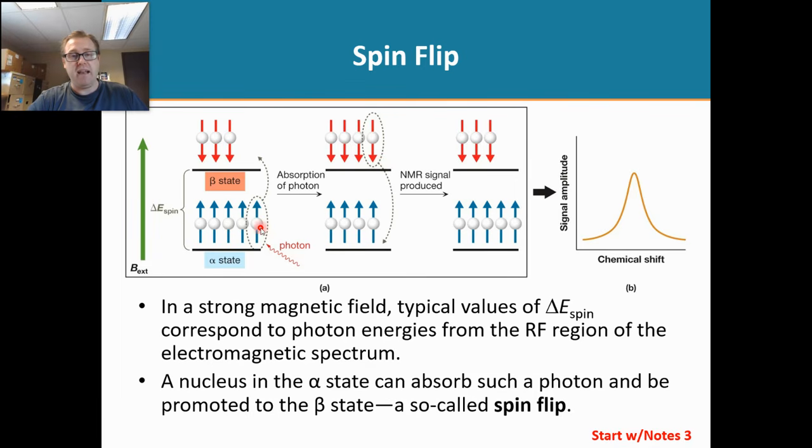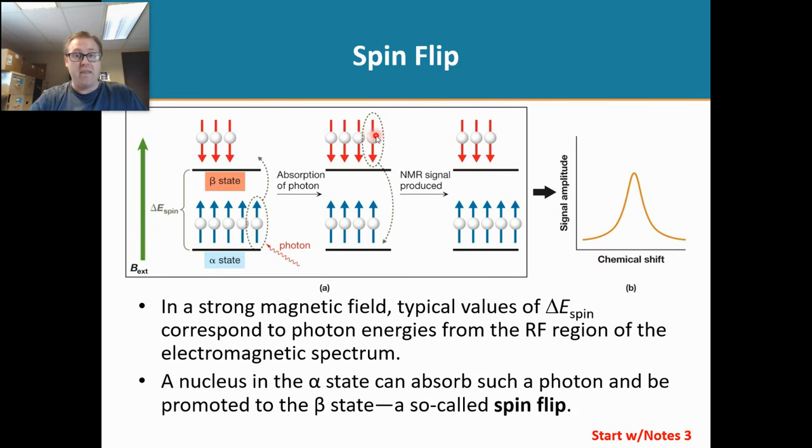And so what's happening is we go from an alpha state to a beta state, and we call that a spin flip. Now that makes sense, right? A spin flip, because that is the plus 1/2 spin state. And then when it absorbs a photon of light and gets promoted, what happens to its spin state? It gets flipped to the negative 1/2.